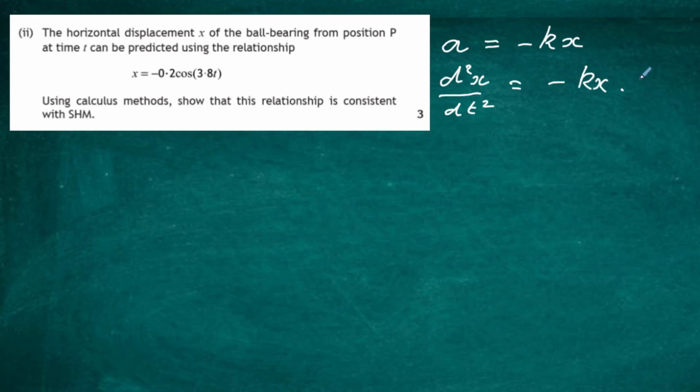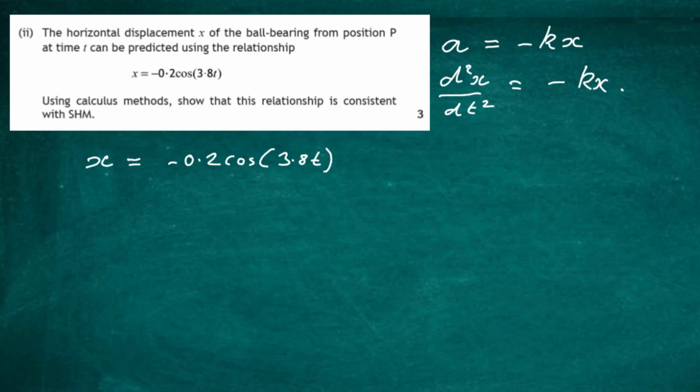So if we take a double derivative of the function x equal to minus 0.2 cos of 3.8 t, and it is equal to minus a constant times the function x itself, then we've shown that it is consistent with simple harmonic motion. So let's start off with the formula itself. x is equal to minus 0.2 cos of 3.8 t, and if you're observant, you'll notice that 3.8 is actually the angular frequency.